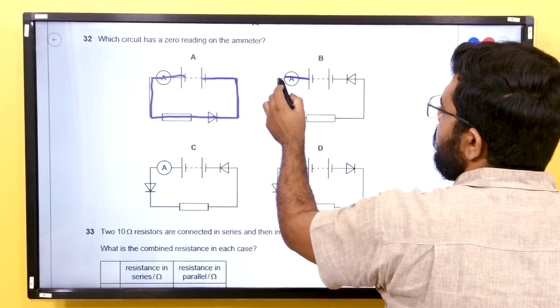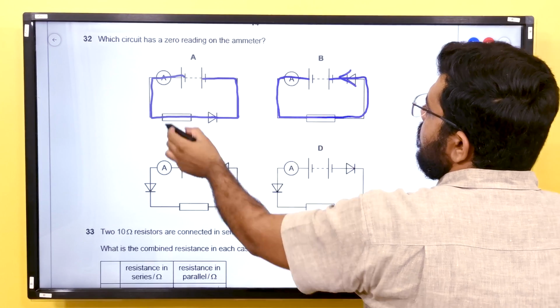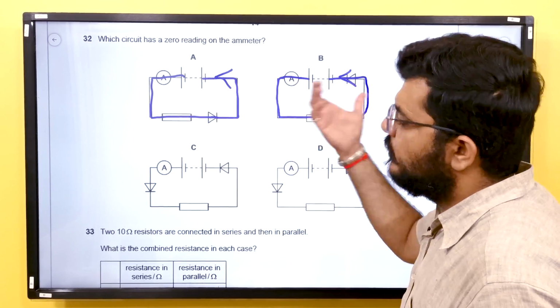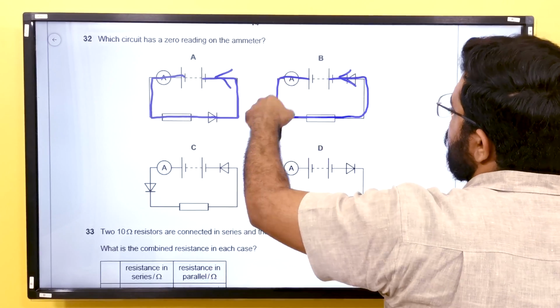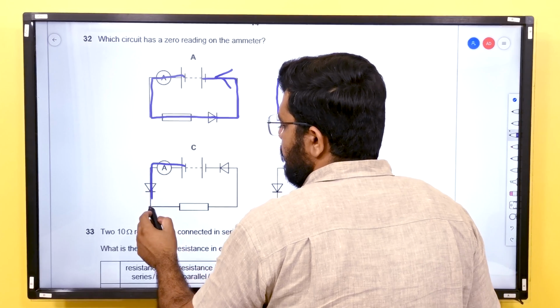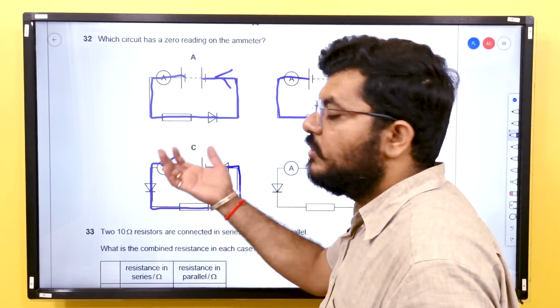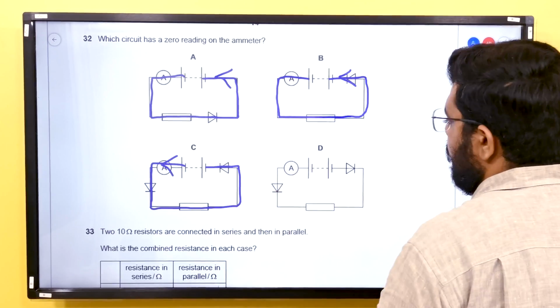Let's look at option B. Okay, it passes, and it does have some current because it can reach both the points of the battery. Let's look here. Yes, it does pass, and it does pass from here as well. So here also the ammeter reading is there.